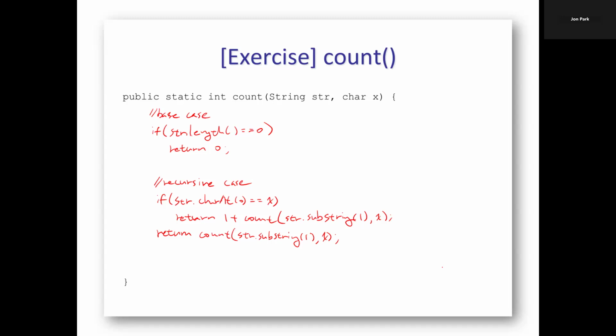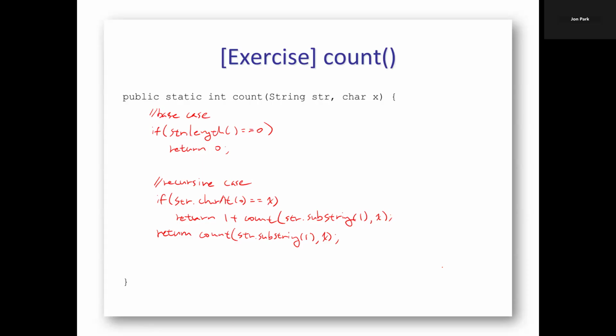It's a count method, which takes a string and a char and returns the number of times the char appears in the string. Yes? So the way we approached it is, we're only going to check the first letter, char 0. If it's the same as what we're looking for, we add 1 to the return value. Otherwise, we don't add 1.